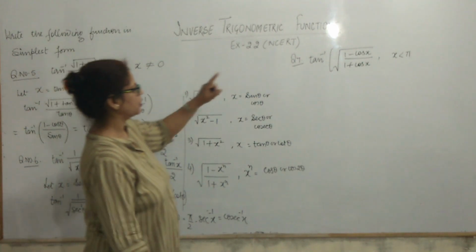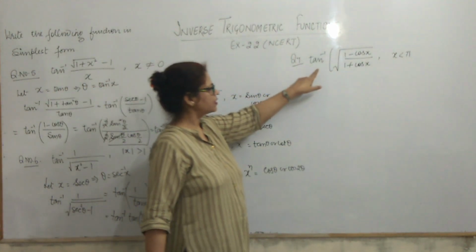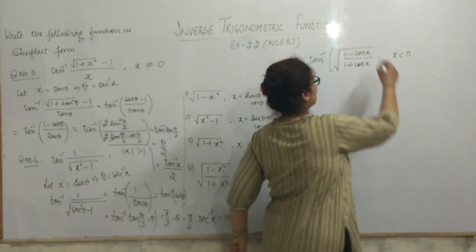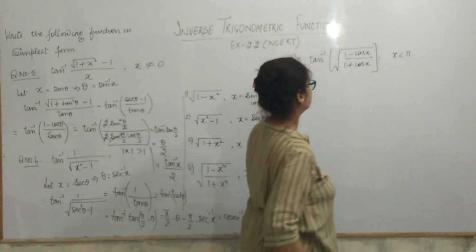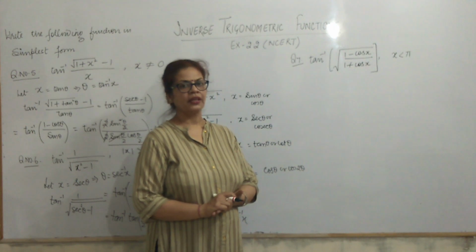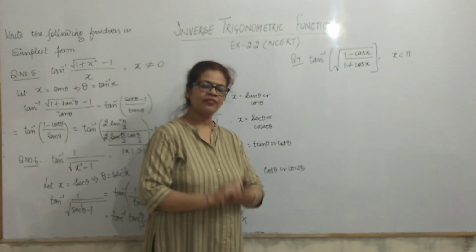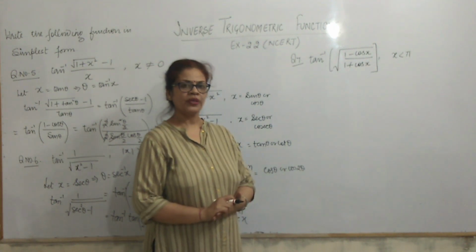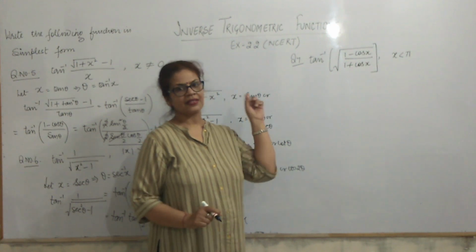Now moving to question number 7. Tan inverse of square root of 1 minus cos x upon 1 plus cos x. You must have understood a point that you need to remember all the formulas of trigonometry which we read in class 11.